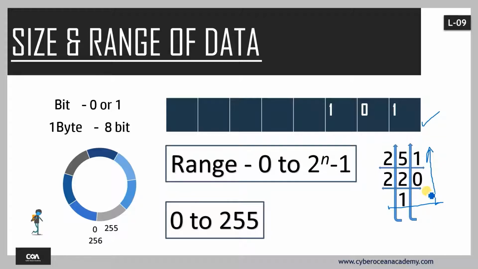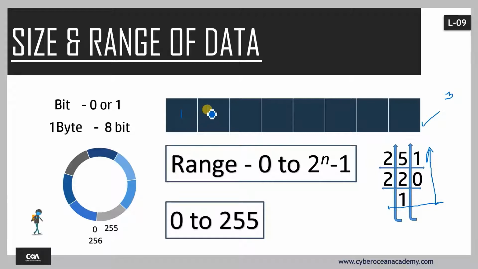So if you want to store 5 in binary, it will be 101. Here, 5 takes 3 bits of memory.